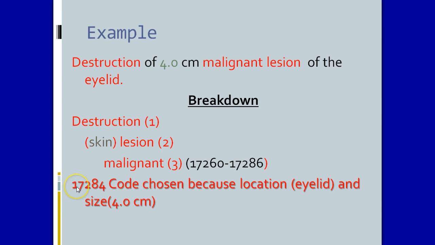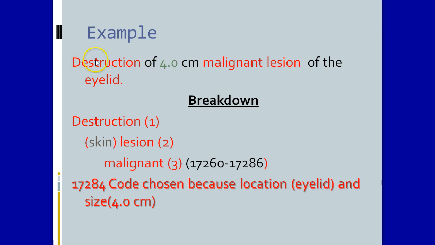Okay, so then what I did was I chose the code 17284 because my location, which is the eyelid, was documented inside of the description of this code, and the size. So that's why I have the 4.0 highlighted here in green.